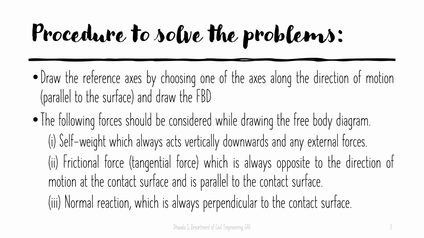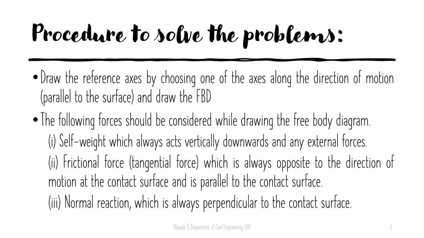In order to write a free body diagram, we separate the entire component, that is the object and the contact surface, and take only the various forces acting on these two objects. First is the self weight, which will always act vertically downwards, along with all the external forces acting on the component.